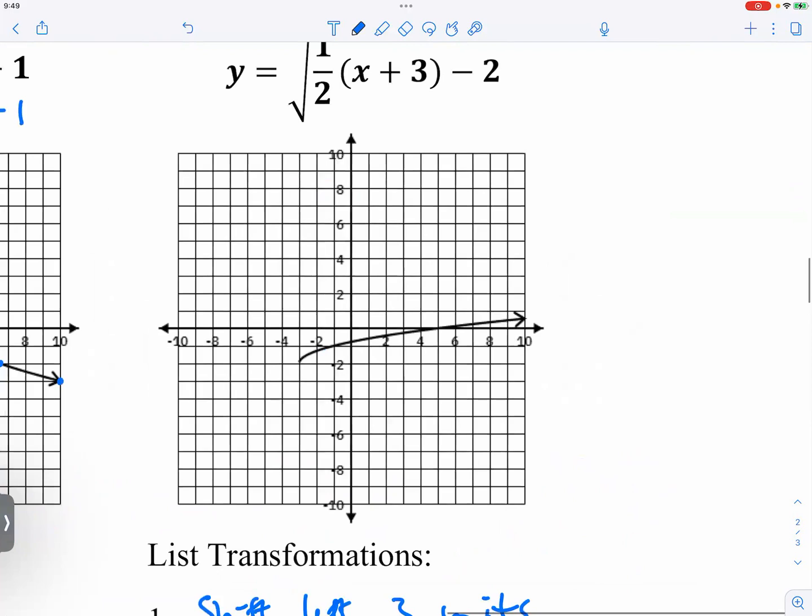So originally it's 1, 3, 5, 7, but because of the horizontal stretch, it becomes 2, 6, 10, and 14. So we have a starting point right here. So 2, and then 6, and then 10 will be way beyond this graphing area. So that's how you can tell the horizontal stretch, okay?